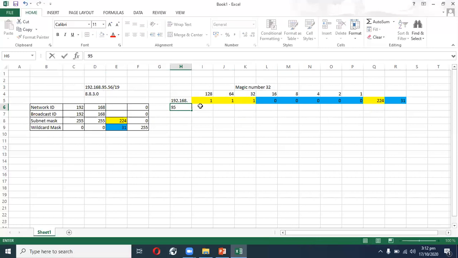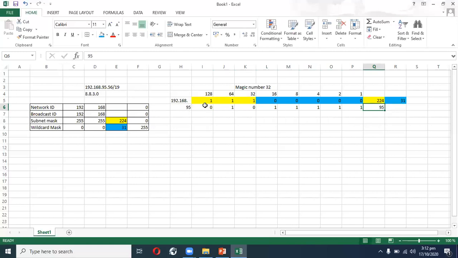So let's convert 95 into binary. So 95 will be 0, so we will take 64, then this will be 0, the rest will be 1. When we add all these numbers together, it becomes 95.